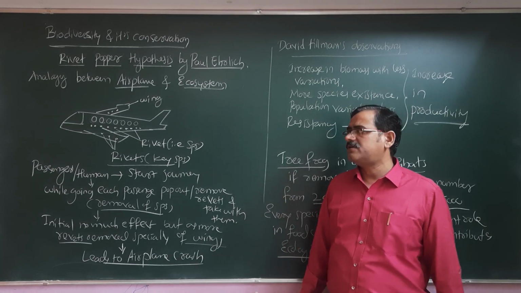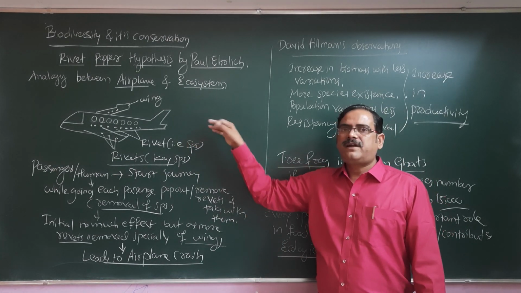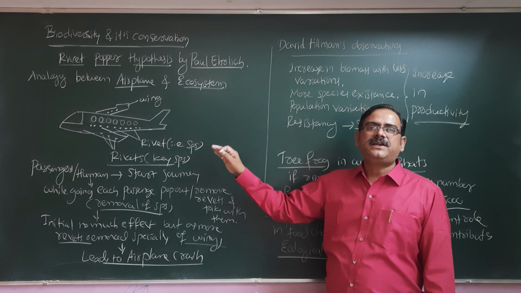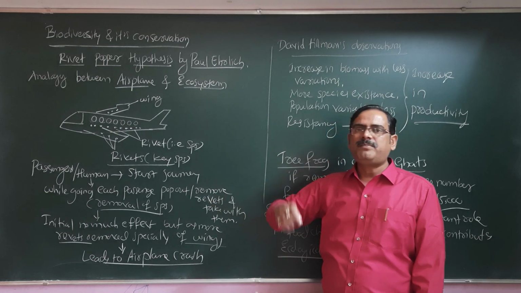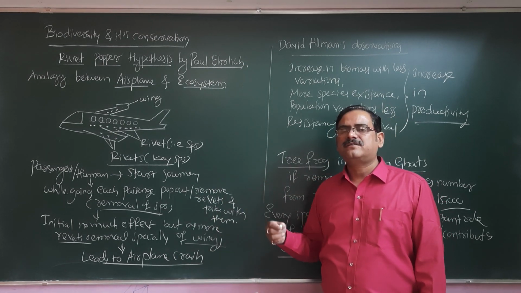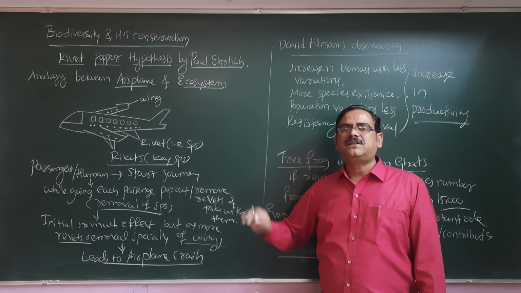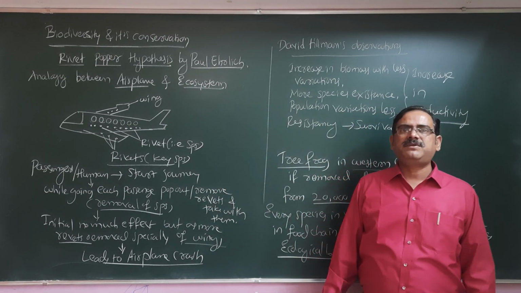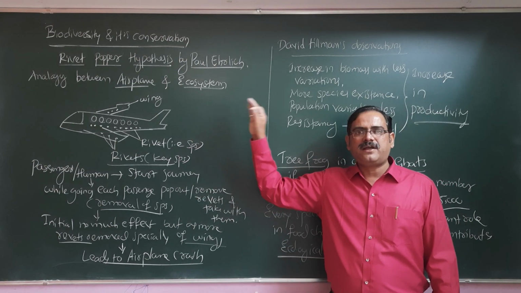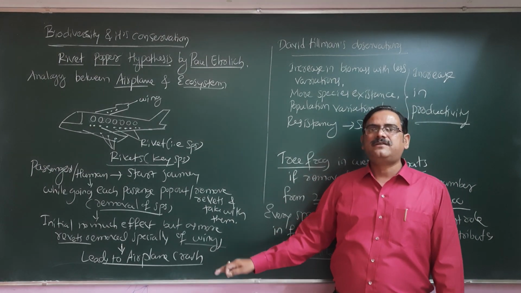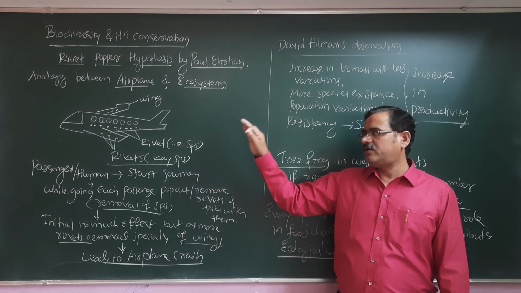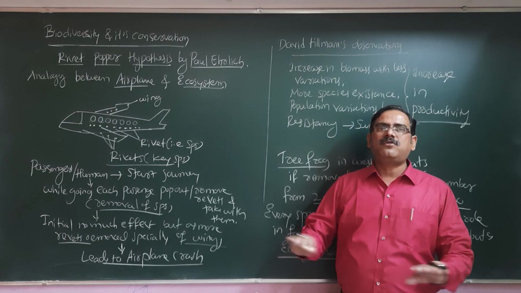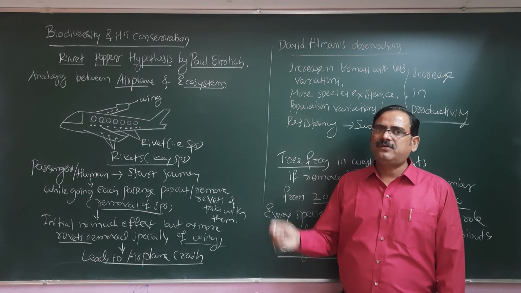If you consider the ecosystem as an aeroplane, the rivets or screws are the species. Every human keeps on coming and completing their journey, while going, popping out the screws or rivets.